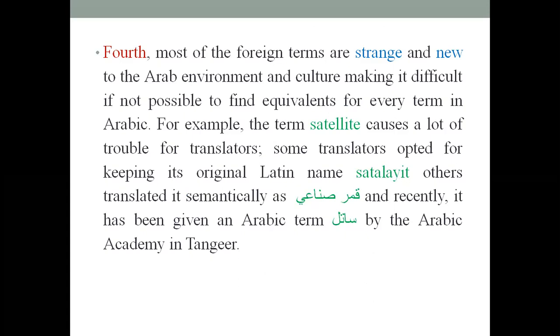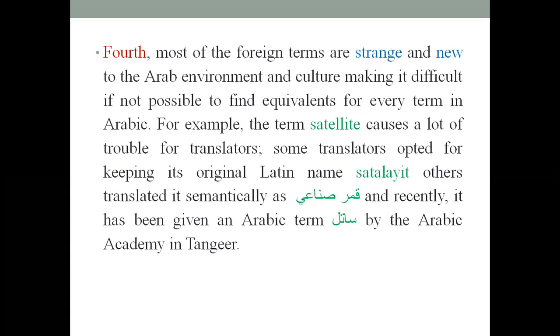We have three choices. The first choice is to adopt the English pronunciation, borrowing it from English. The second is borrowing it from its original language, I mean, we can borrow it from Latin as satellite.